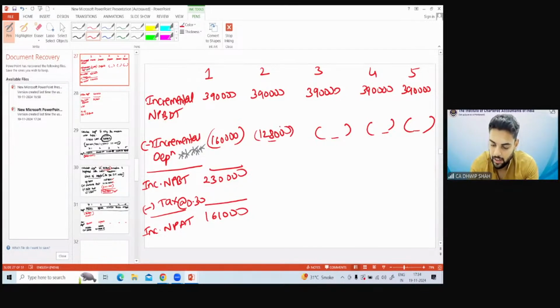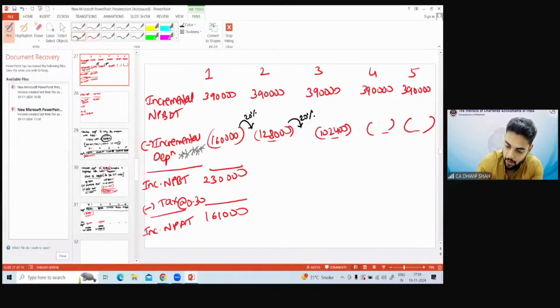Another simple way is you just keep on reducing 20% to get incremental depreciation. So for year 3, my incremental depreciation would be 128 minus 20%, which comes to 102,400.